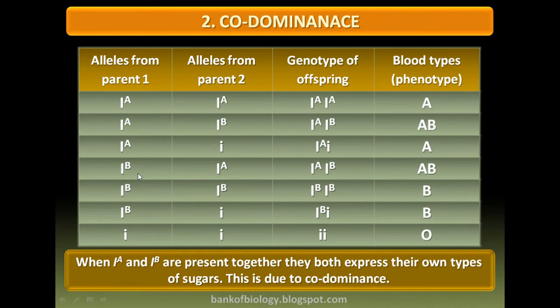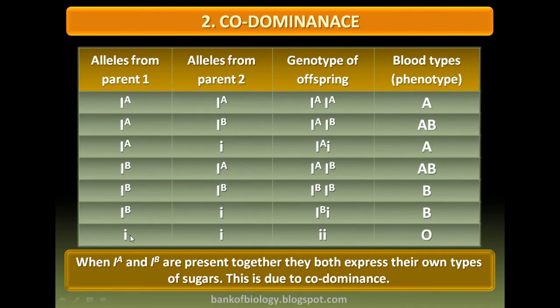But when the allele from parent 1 is B and from parent 2 is A, both alleles are present and both are expressed, so here we again get AB blood group. And if B is the allele from parent 1 and B from parent 2, we get B blood group.